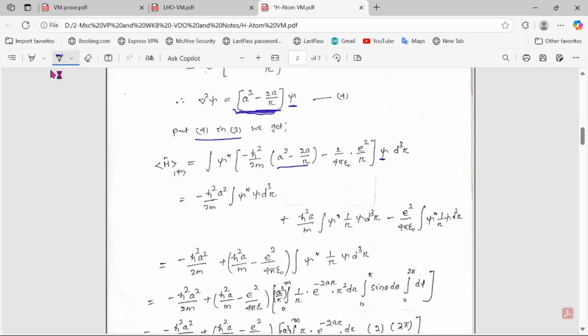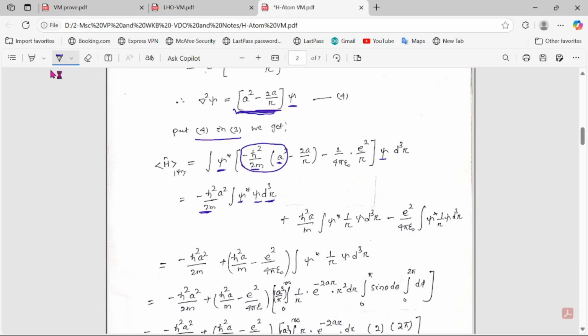So here we can get 3 terms. This one term we can get, then again this one and this one, 3 terms. Now we are going to write them separately. Here, minus h cut square by 2m a square, psi star already there. This much value is constant, taken outside of this integration, then psi star psi d tau r.